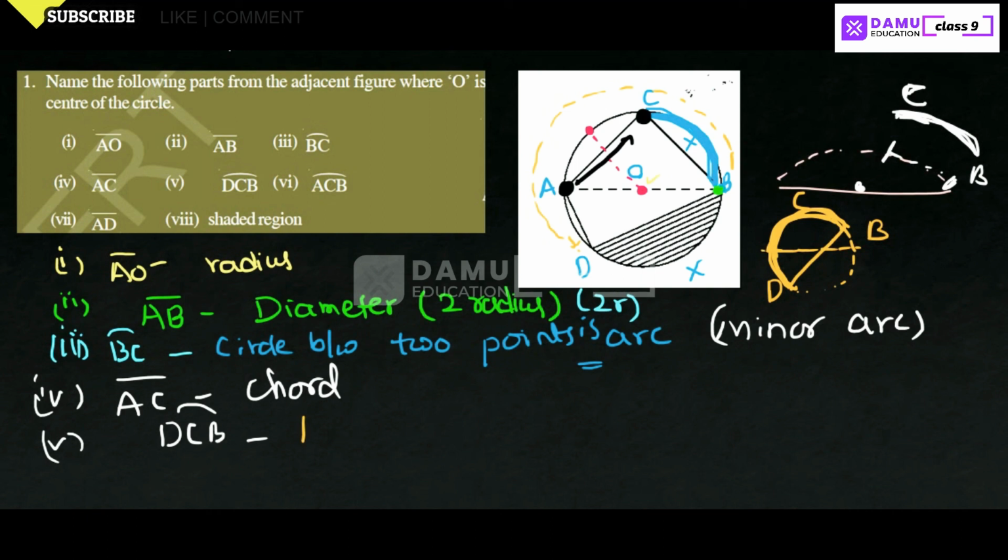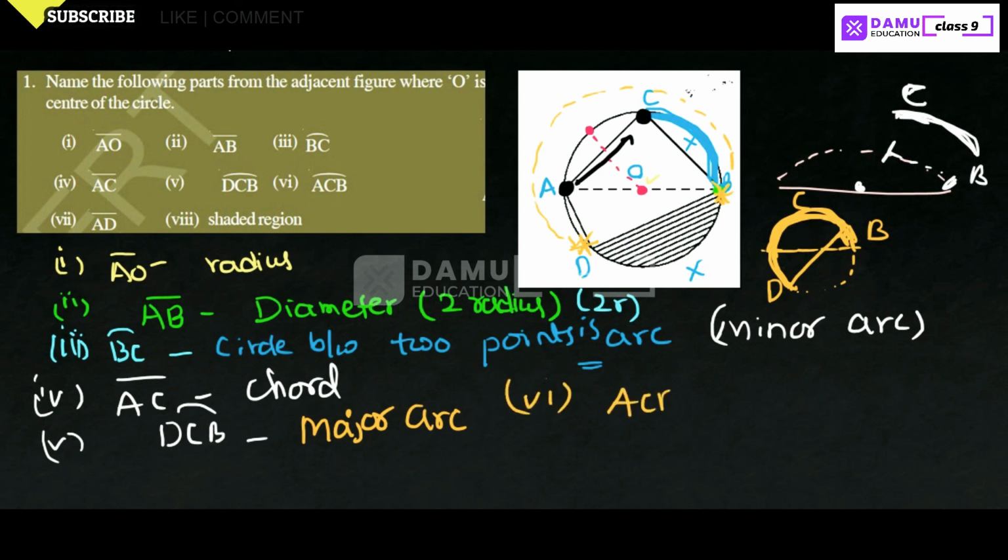So it is a major arc. The portion of the circle between two points, D and B, is called an arc, and since it is more than half, it is a major arc.